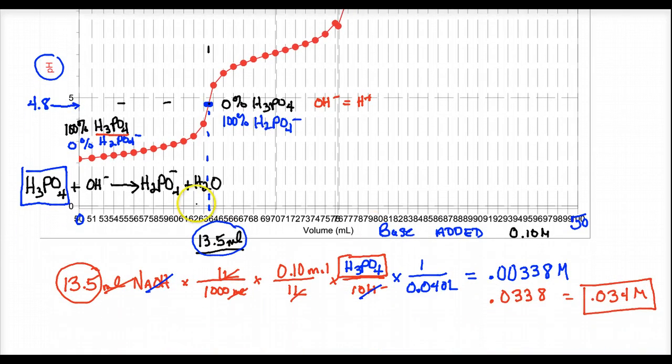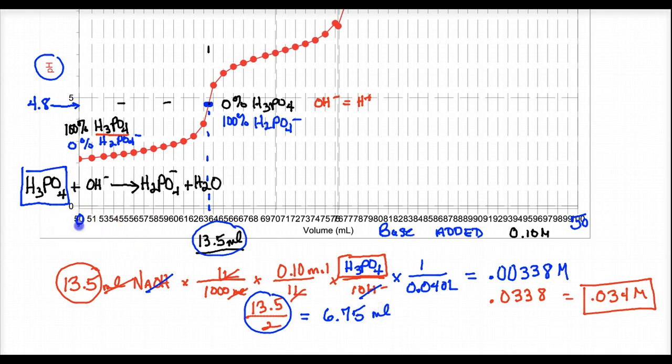Now, if I know 13.5 milliliters is how much base is needed to neutralize the first acid, well, the halfway equivalence point is 13.5 divided by 2. Okay, so 13.5 divided by 2 gives me 6.75 milliliters.